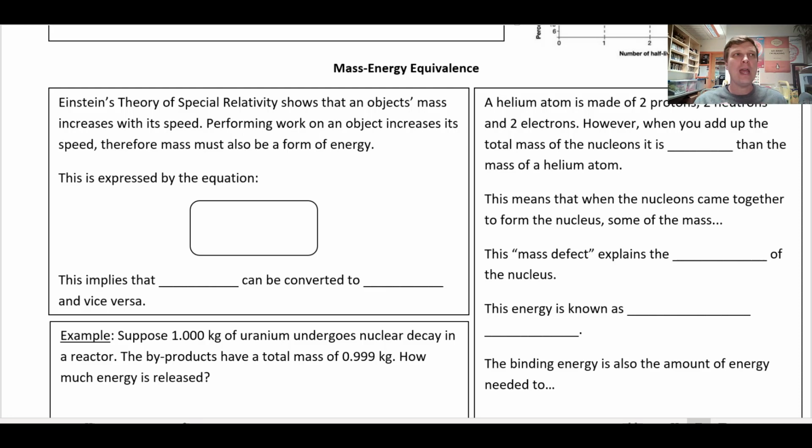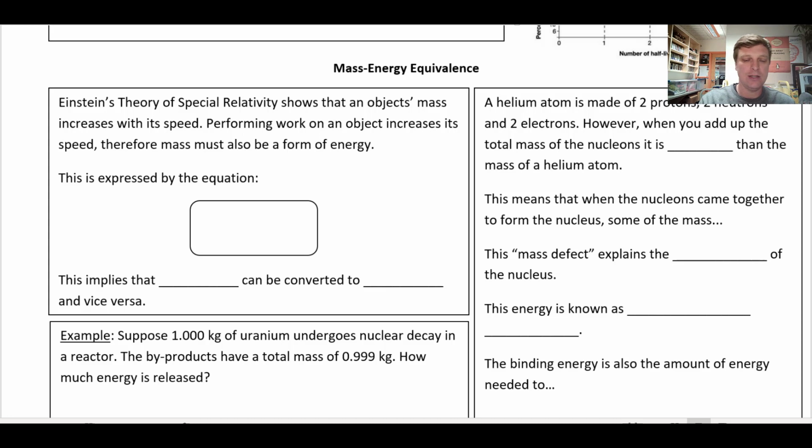And the only way that this could make any sense, that as an object has more and more kinetic energy, it doesn't just gain speed, but it is also gaining mass, is if mass and energy are somehow equivalent. And what Einstein was able to prove is that mass or matter is actually an equivalent form to energy.